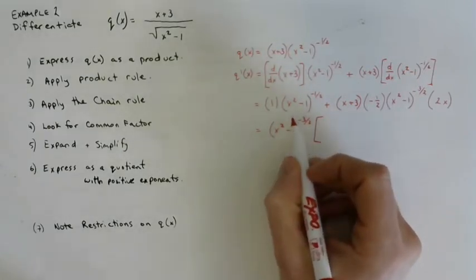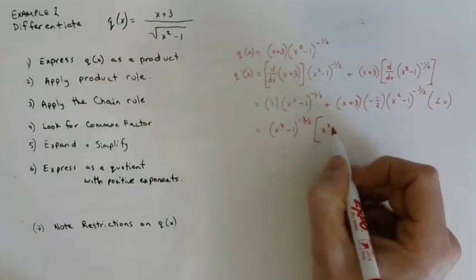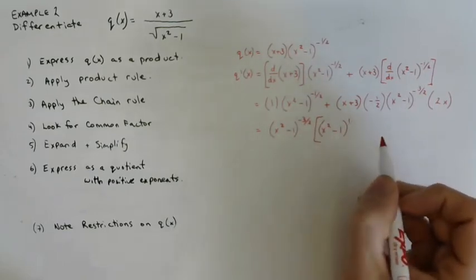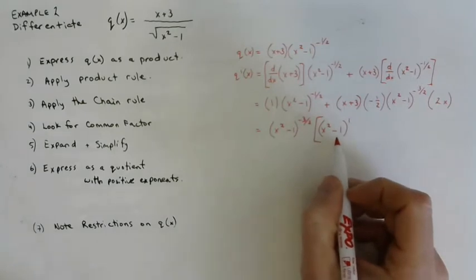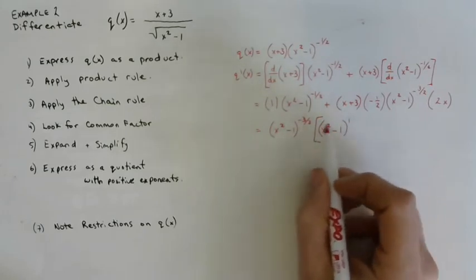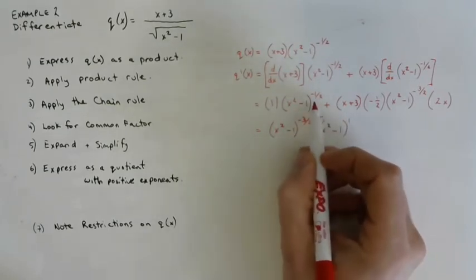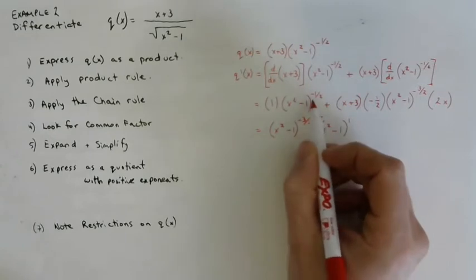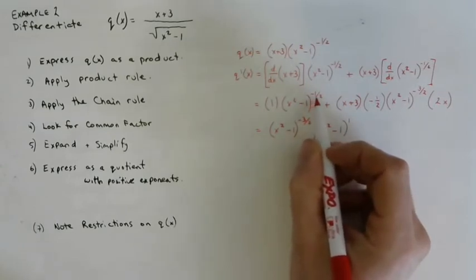Here, it's going to leave us with x squared minus 1 to the power of 1, because if we're multiplying powers with the same base, we're adding the exponents, and we should get back to negative 1/2.